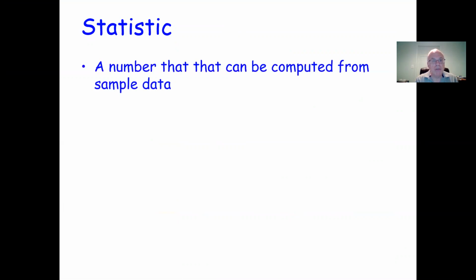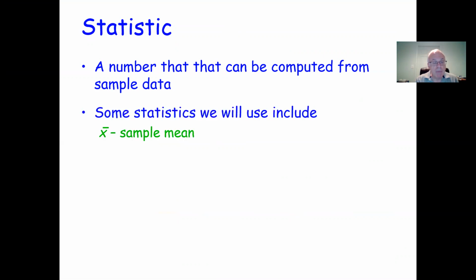Okay. So in the slideshow here, they're going to define what a statistic is: a number that can be computed from sample data, like the sample mean, which we just talked about a minute ago. You can actually find the sample standard deviation, right? We've done this before.